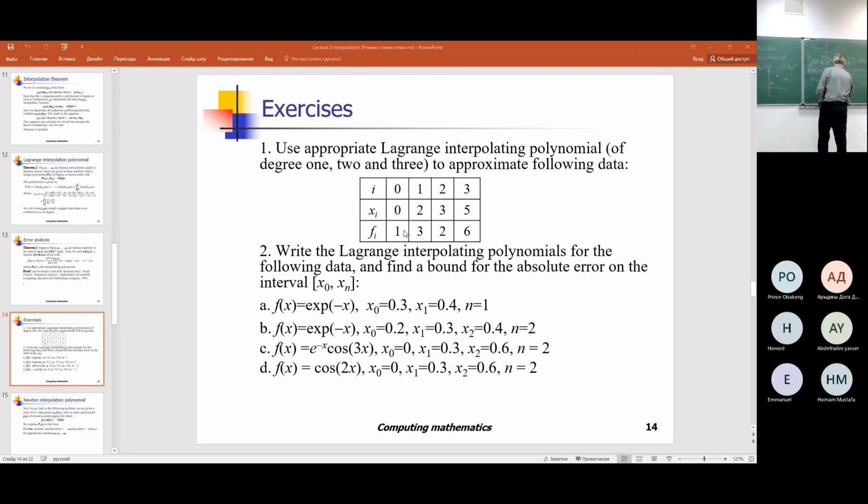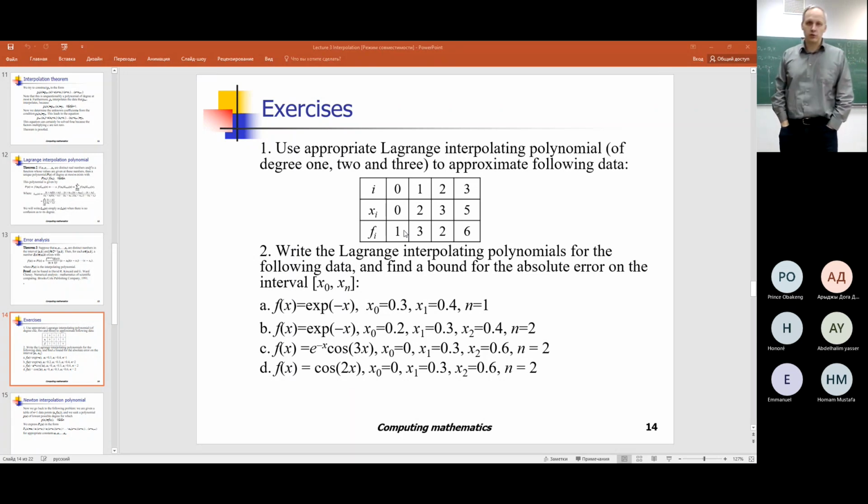Let's consider first two points from this table. x0 equals 0, x1 equals 2, f0 equals 1, and f1 equals 3.